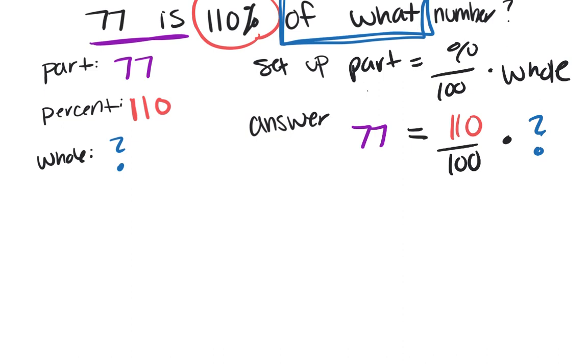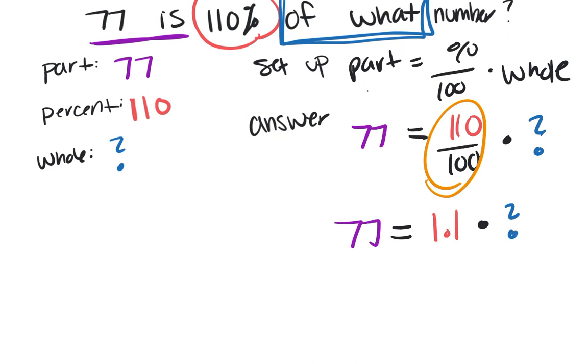So when I have a percent over 100 in the equation set up, I like to change my percent to a decimal first. So I'm going to do 110 divided by 100, which is 1.1. And I leave everything else around it the same. So the only thing that changed was what I circled, that 110 divided by 100.